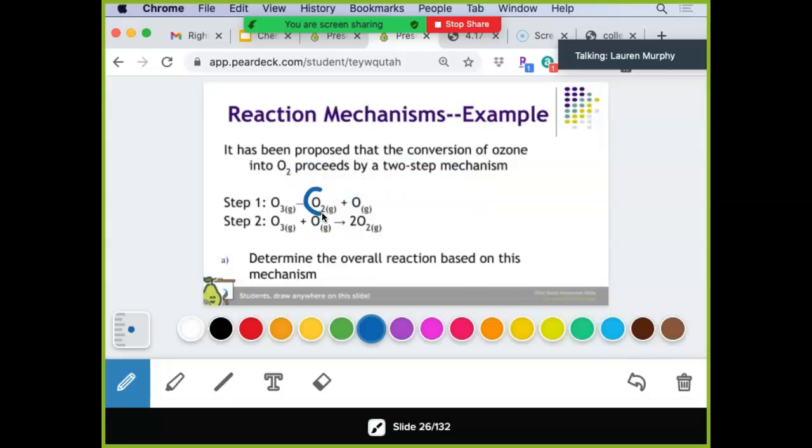So an O2 here, there's just one of them, right? And then there's two more right here, so that adds up to 3. Remember, things on the same side get added together and things on opposite sides cancel out or are subtractive. Does that help? Okay.